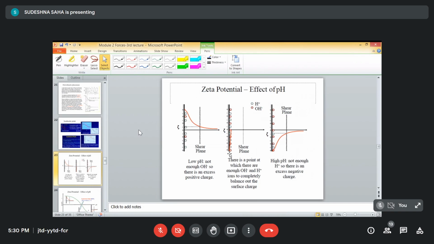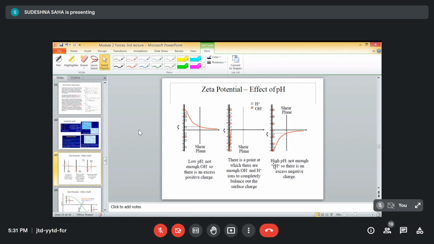When you have enough hydroxyl and hydronium ion, then you will see that your zeta potential is falling at 0 at the shear plane, and that is basically known as the isoelectric point. I will come to that. And when you have high pH, when there is not enough H plus, there is an excess of negative charges on the surface, and you find this kind of distribution of zeta at the shear plane.